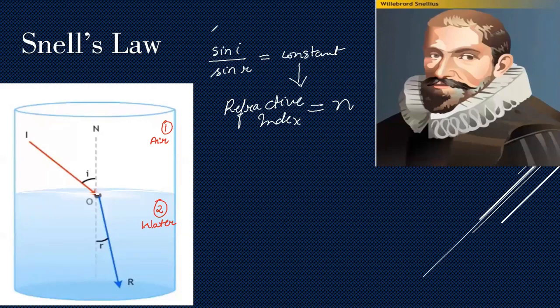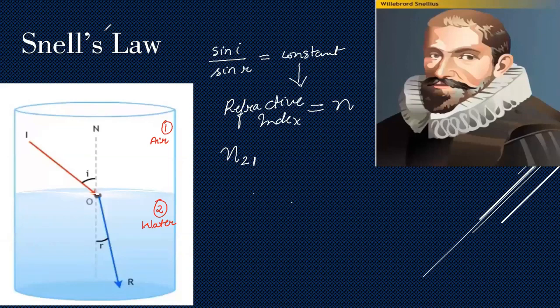See, so I will say refractive index of medium 2 with respect to 1. Okay, so instead of writing this entire thing, I will write it as refractive index of medium 2 with respect to 1. This is one way of writing it.